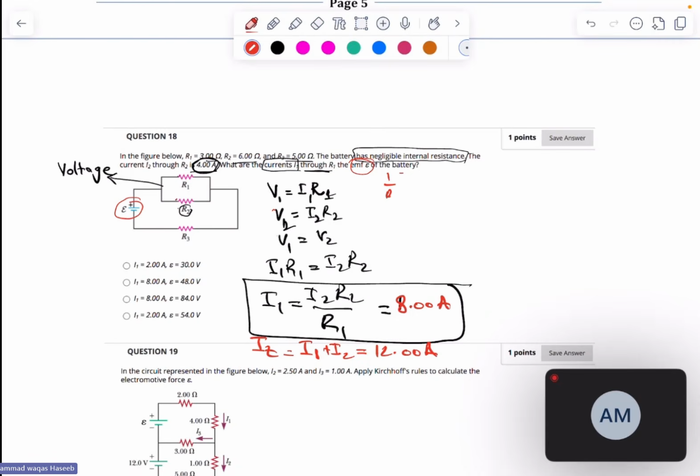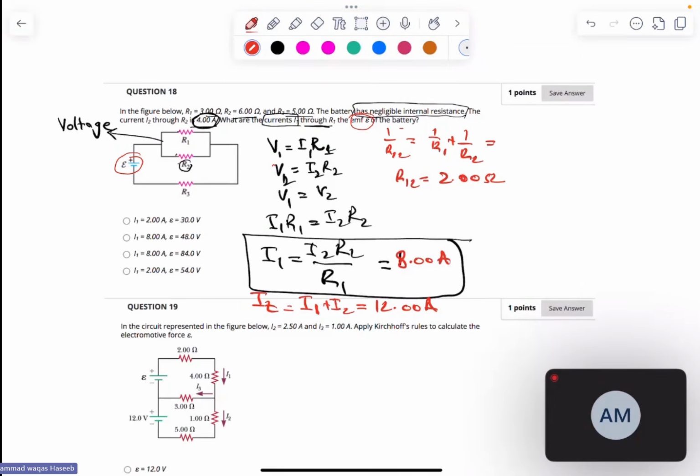So these two are in parallel. When you calculate these two resistances which are in parallel, your R12 will become 2 ohm, and then your circuit will be like this.